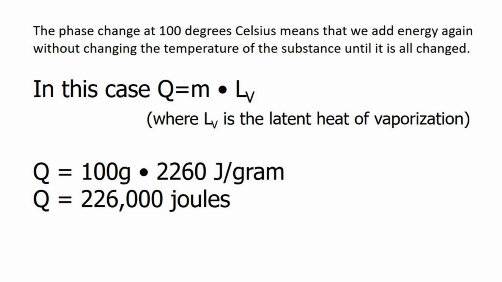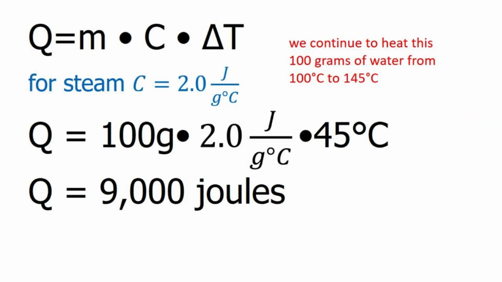So it takes a lot more energy to vaporize water into steam than it does to melt ice into water. And so the math is before you, and you can see how that problem works out. And you see where the energy lies in this, 226,000 joules.